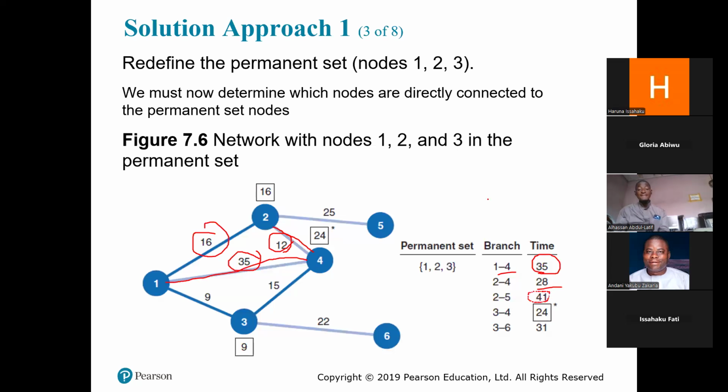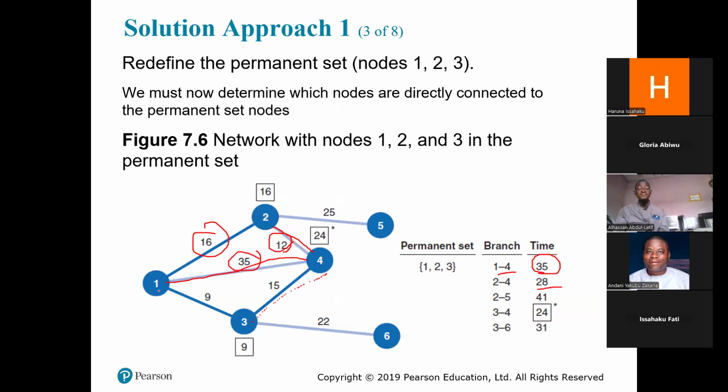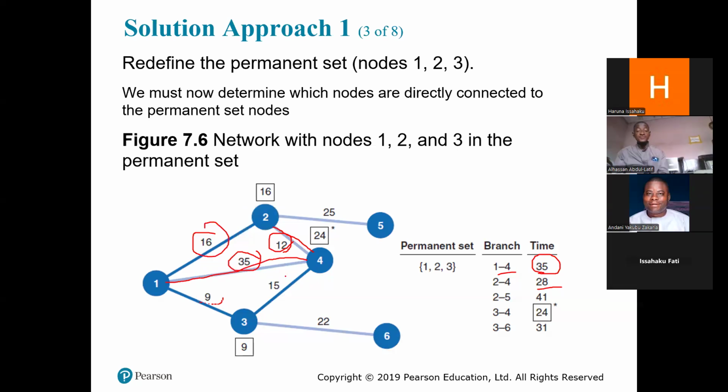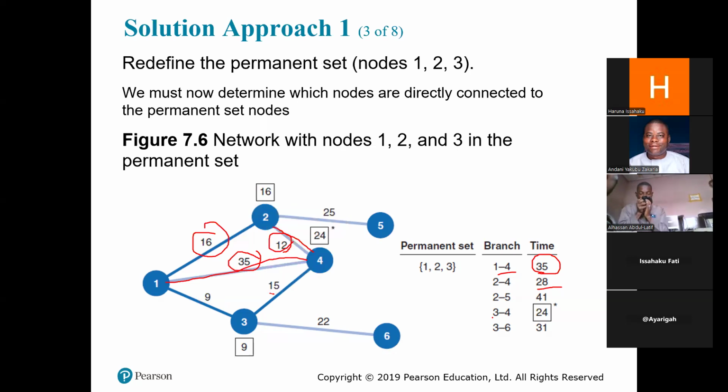Okay. So we now have the other branch from 3 to 4. 3 to 4 is not also direct from 1. So you have to add what? 9 to what? 15, which will give you 24. So that branch is having a time of 24.